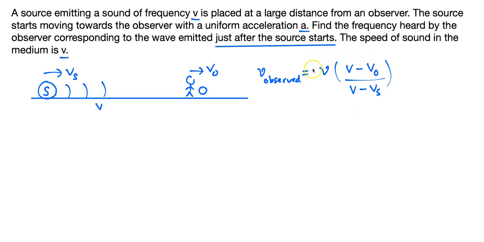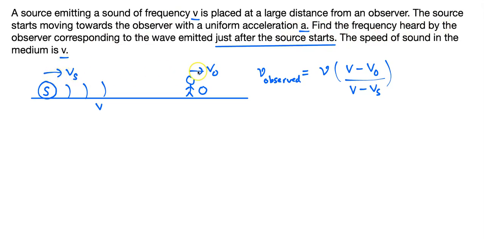Can we use this very standard expression to solve this problem? Let's attempt it. We know the source starts moving towards the observer with a uniform acceleration a, and we want to find the frequency just after the source starts.